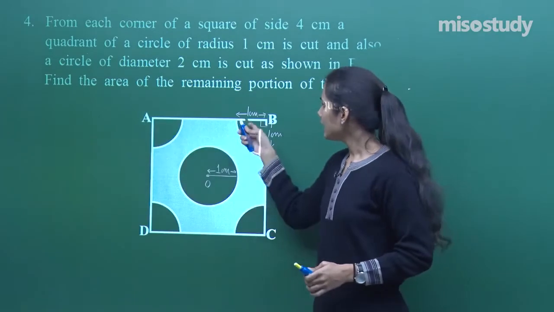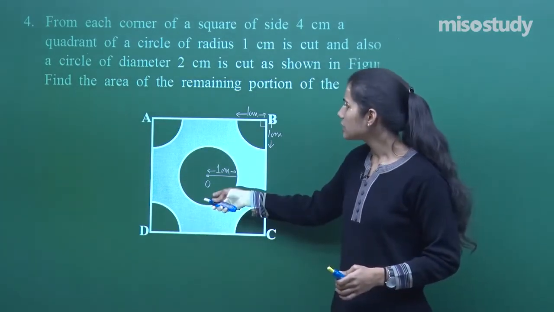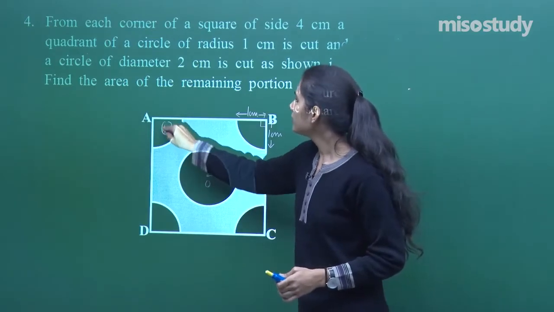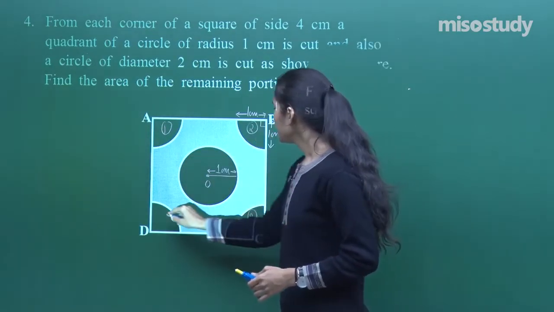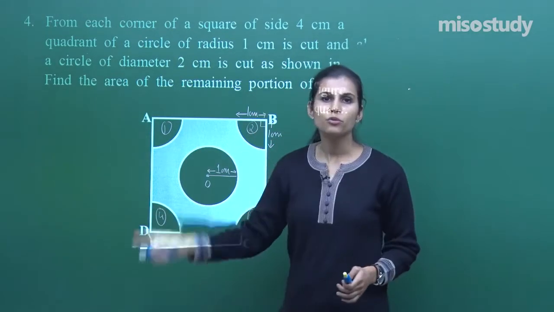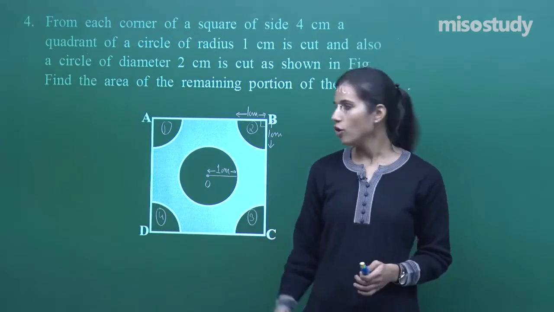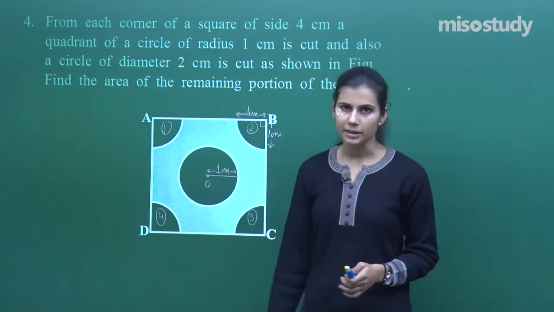I will find out the area of each quadrant. So I will have area of the circle plus area of quadrant 1 plus area of quadrant 2 plus area of quadrant 3 plus area of quadrant 4. And from the area of the square, I will subtract the sum of these 5 areas. I will be getting the area of the remaining part.